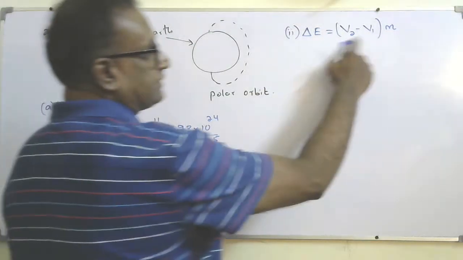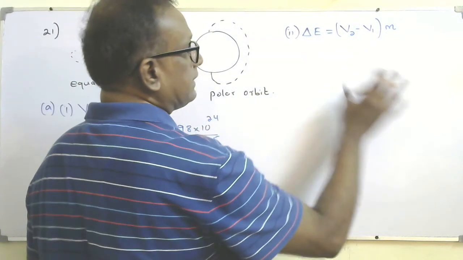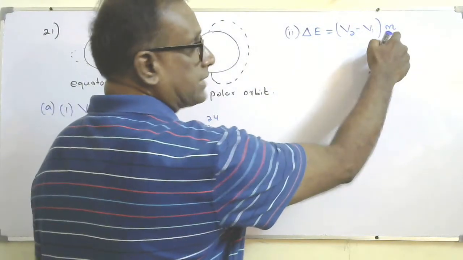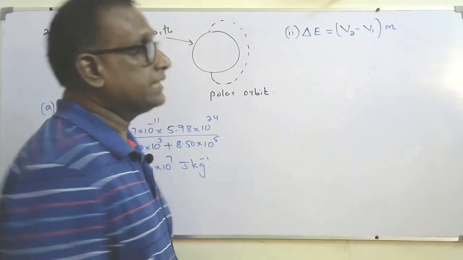So change in gravitational potential into mass is the change in gravitational potential energy, because potential into mass gives the gravitational potential energy, right?